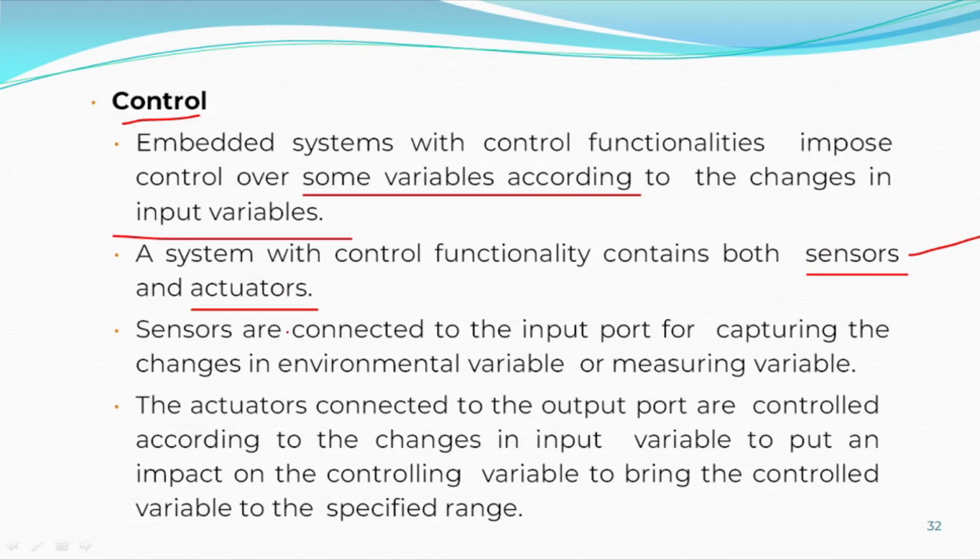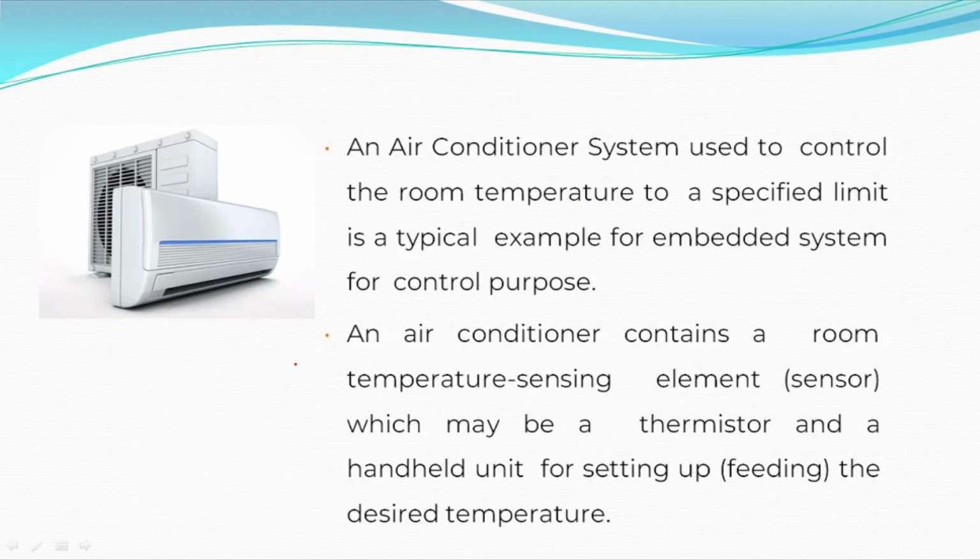Now usually sensors are connected to the input port for capturing the changes, and based on whatever value is obtained there, actuators are connected to the output port, and their actions are modified based on the sensor output. So if you consider an AC, this is a very simple example for control based embedded units.